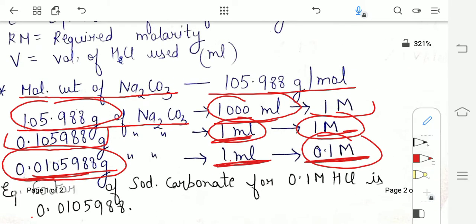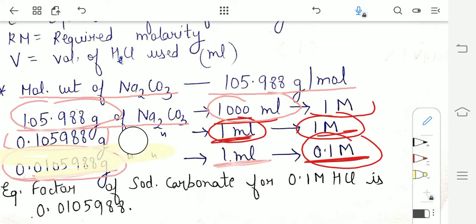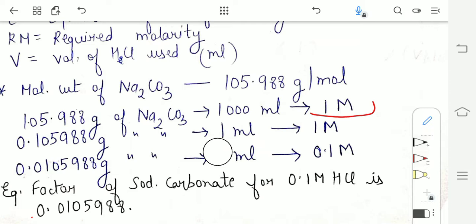So 1 ml of sodium carbonate consists of these many grams of sodium carbonate. Just now I said that equivalent factor is the grams of sodium carbonate that will react with 1 ml of HCl.